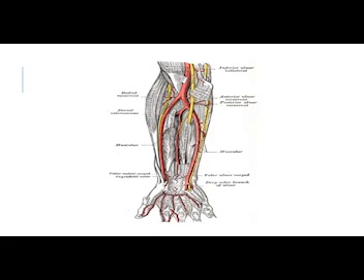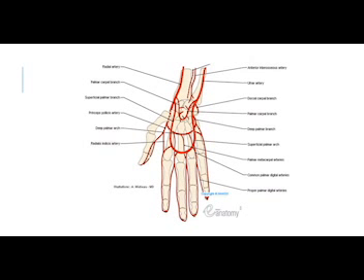The ulnar artery runs distally in the forearm under the flexor carpi ulnaris muscle. The superficial palmar arch is formed mainly by the ulnar artery with a contribution of the radial artery. The arch gives rise to common palmar digital arteries, which supply the palm, and each divides into a pair of proper palmar digital arteries, which supply the fingers.